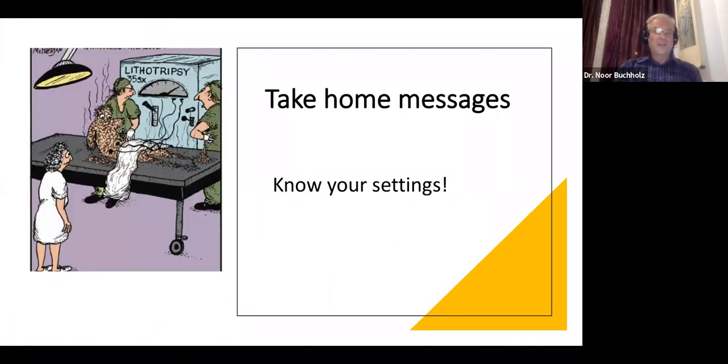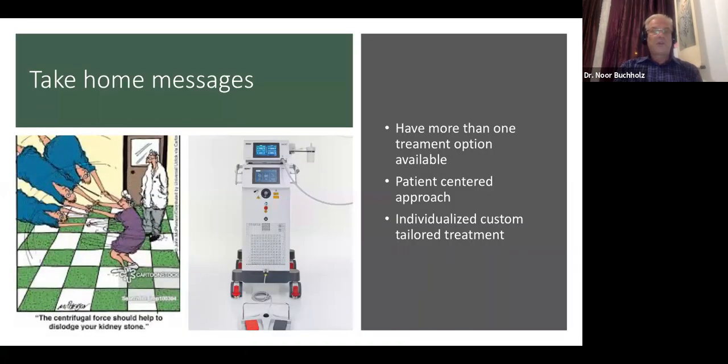Now, know your laser settings. As dry as this talk may have been, it is very important. You need to know your settings. And you should have more than one treatment option available for any stone.